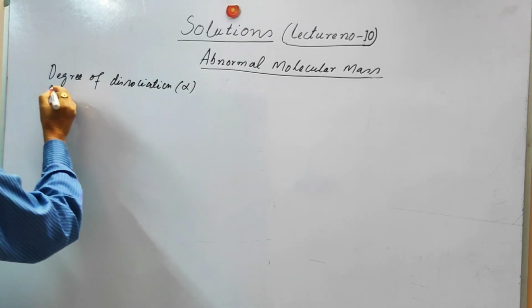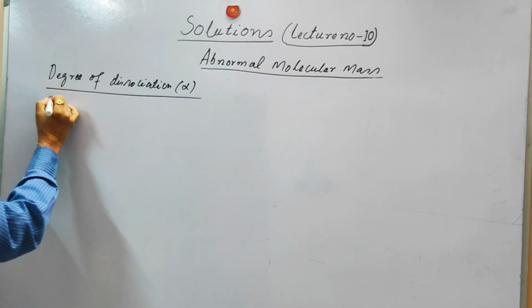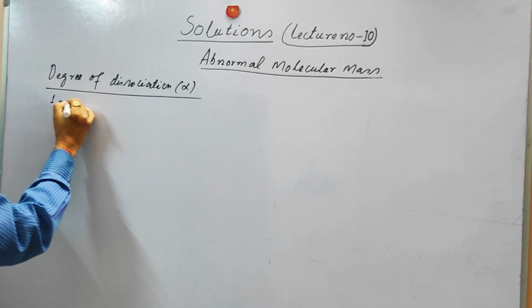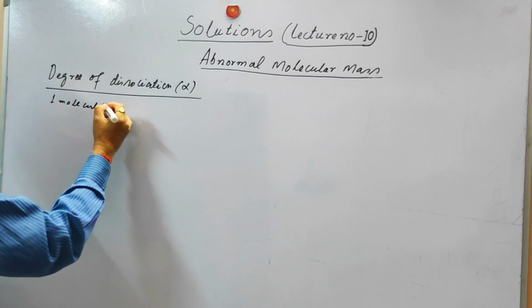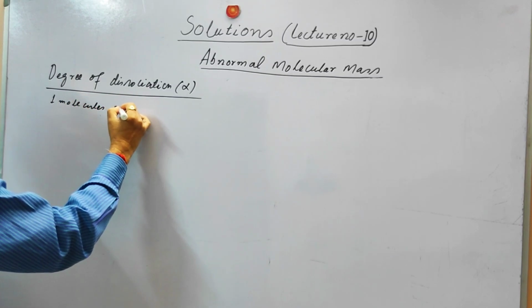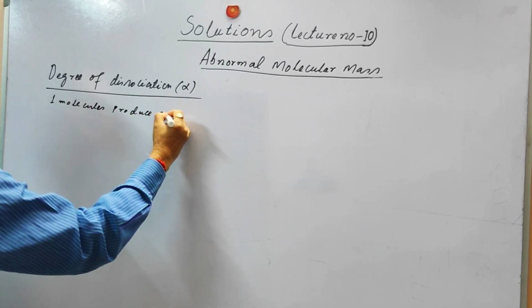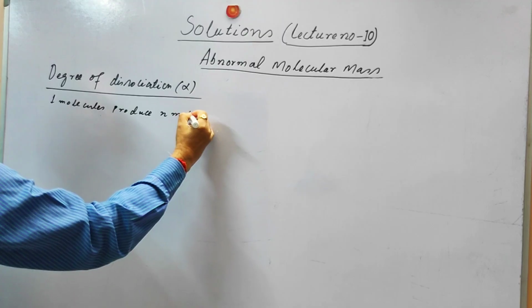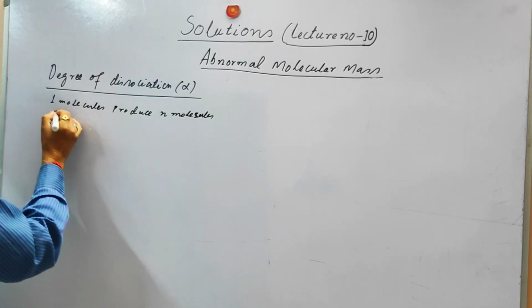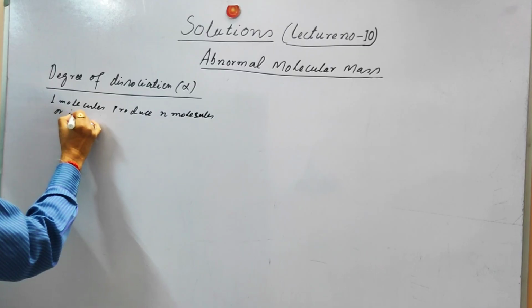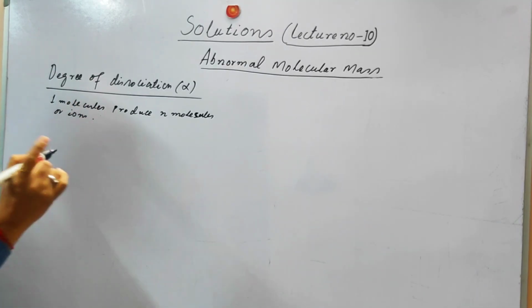Suppose one molecule, when it dissociates, produces n molecules or ions. And we have taken 1 mole.